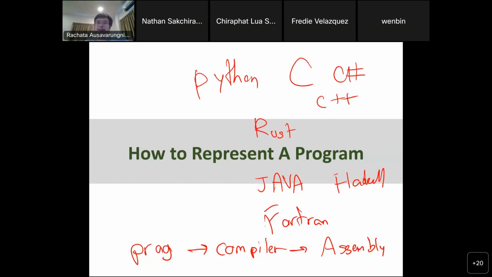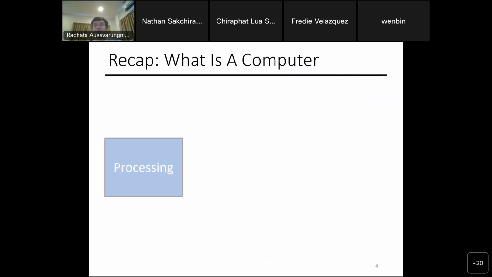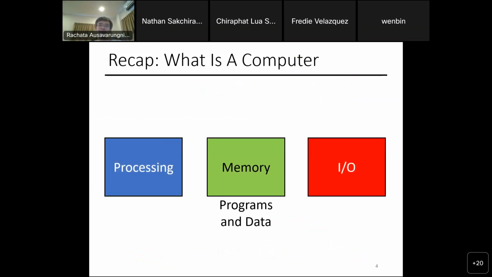So let's now recap what a computer is. At the end of the day, you have the processor that talks to the memory. That's where your program and your data reside. And then there's input and output that also interact with the memory. So that's the high level overview of how a computer operates.